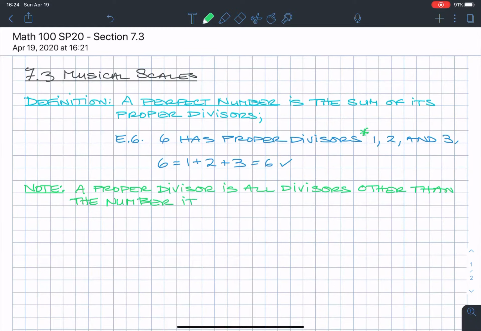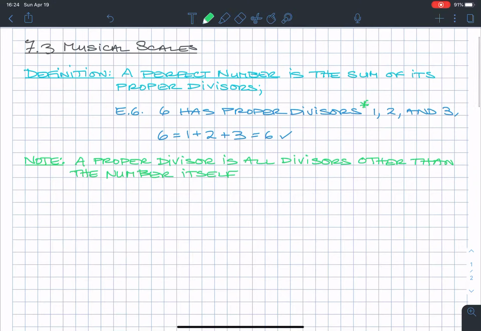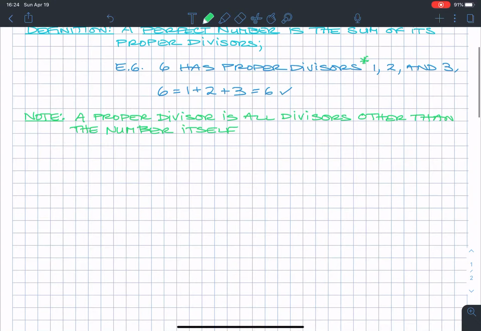So for example, 6 goes into 6. It divides. 6 divided by 6, of course, is 1. But it's not a proper divisor. A proper divisor is anything less than the number itself. So that's what I mean by that.